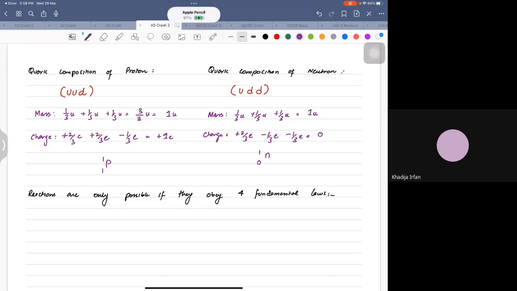How did you get UDD for this? This is fixed. This is a fact. We can't change that. We just need to remember that this is the composition of neutron and proton. Other particles may have different compositions. They might have strange, top, whatever. But these two have this fixed composition.